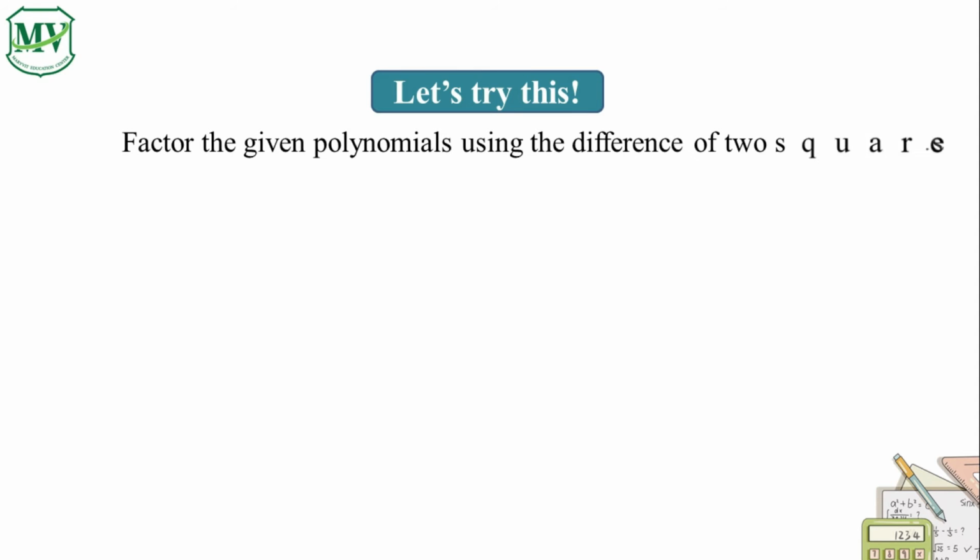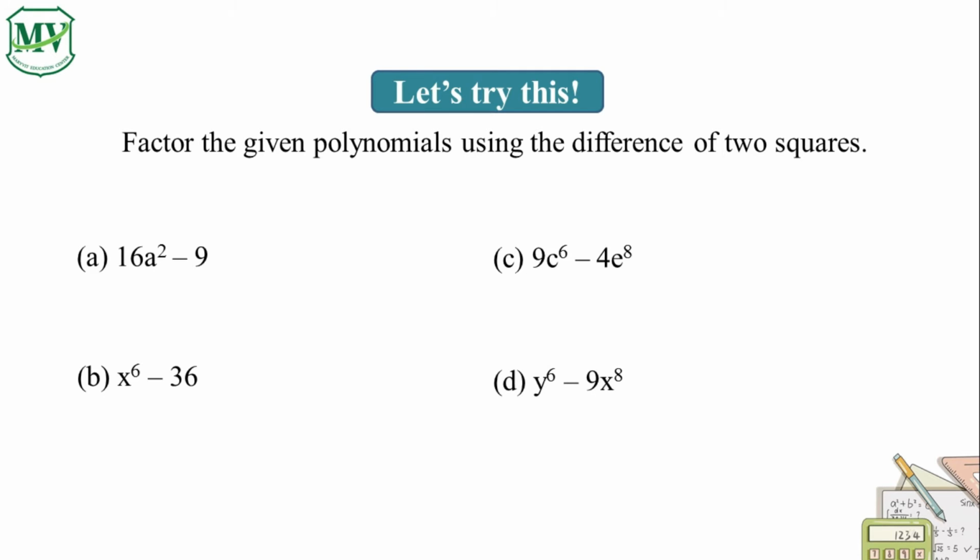Let's try to factor the following polynomials given below using the difference of two squares. We have A, B, C, and D. In factoring these kinds of polynomials, we need to apply the formula a squared minus b squared is equal to the quantity of a minus b times the quantity of a plus b.